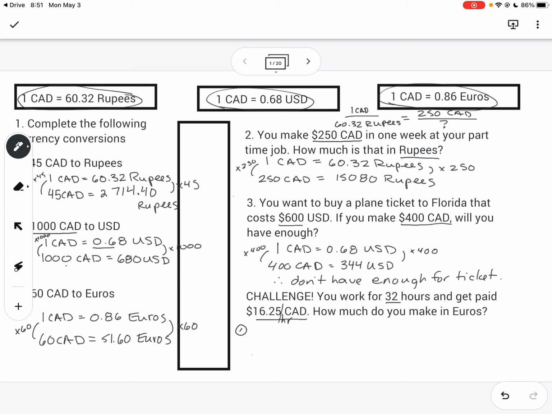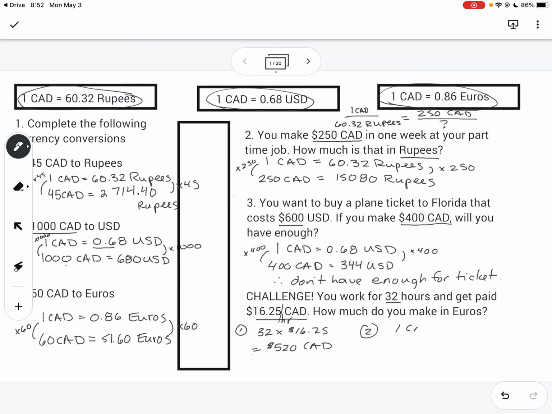So first step is to figure out how much money I make in Canadian dollars. So 32 times 16.25. So in total, let's see here. So I'm going to make $520 Canadian. Now the second thing that I want to do is change that into euros.